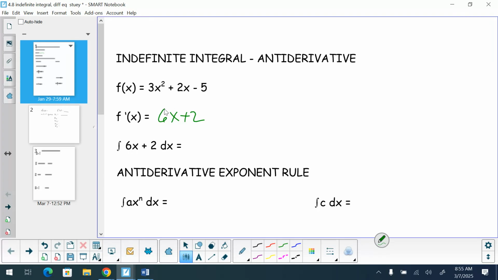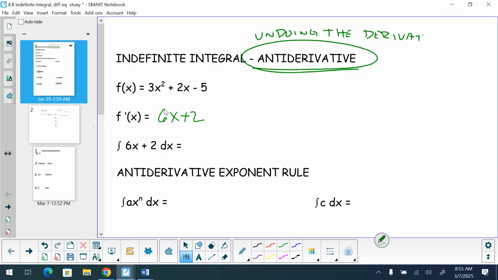We have done a mathematical process going from a function to the derivative. We want to now deal with what is called the antiderivative, which is undoing the derivative.